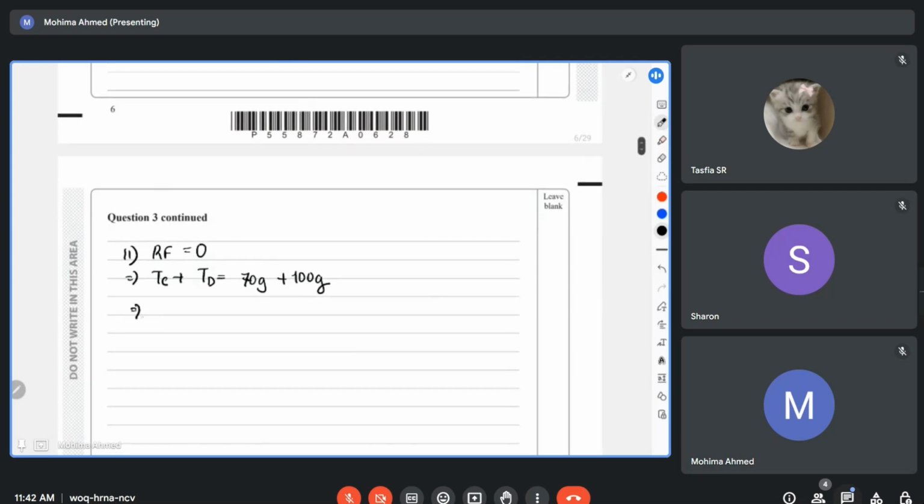Now for TC, it's going to be 70 plus 100, so 179.8 minus 637. If you subtract this, you can find out the tension at point C easily without involving moment for the second part calculation. So please calculate the value for tension at point C.